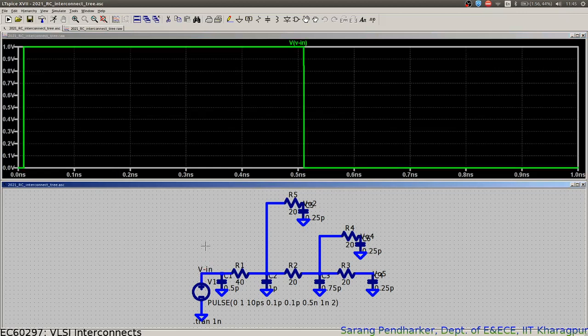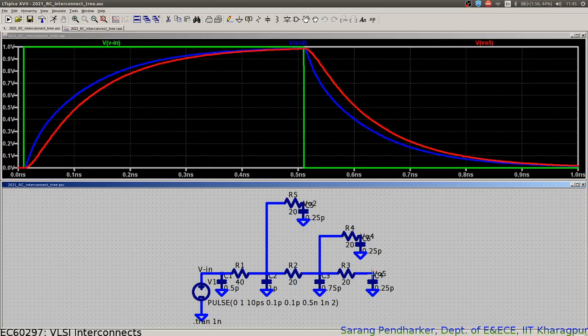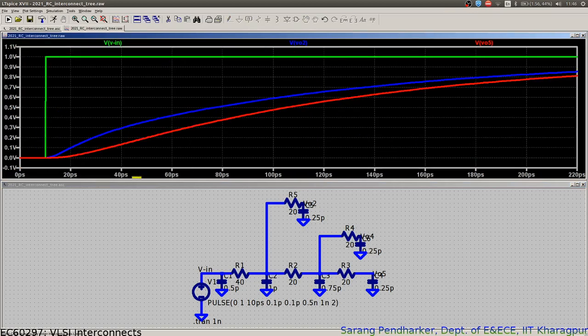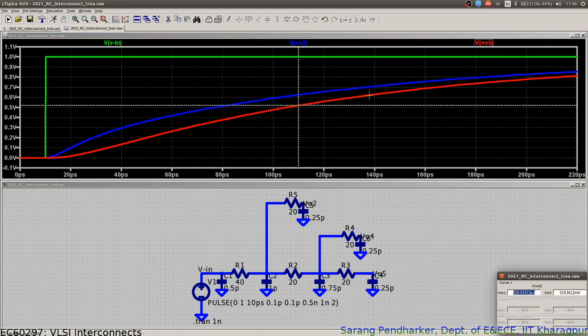So this is my voltage 1, then I have a voltage 2, and then I have voltage V out 5. The red curve is the output voltage at node 5. So if I zoom in here, let me check the Elmore delay for this one.